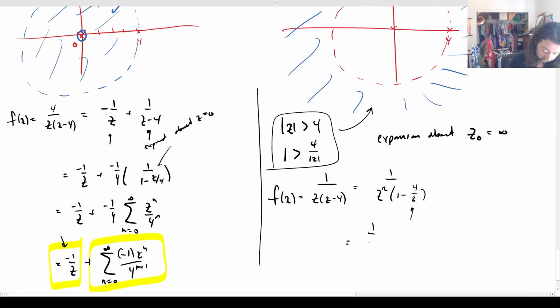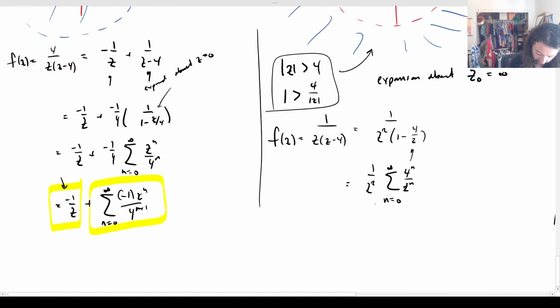So I get 1 over z squared times the sum from n equals 0 to infinity of, okay, now what? I'm going to have 4 to the n over z to the n. Wait, this is supposed to be a 4 here, sorry. The sum from n equals 0 to infinity of 4 to the n plus 1 over z to the n plus 2.